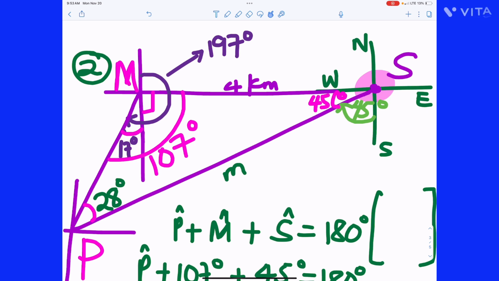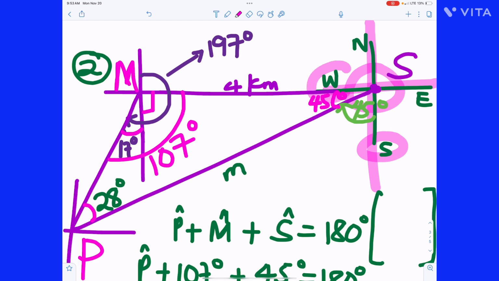So assuming the man started moving from here, this place has north, east, south, and west. He walked 4 kilometers due west. So from this starting point, he walked 4 kilometers here.